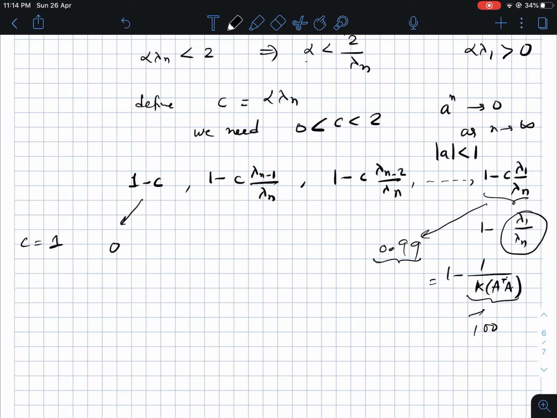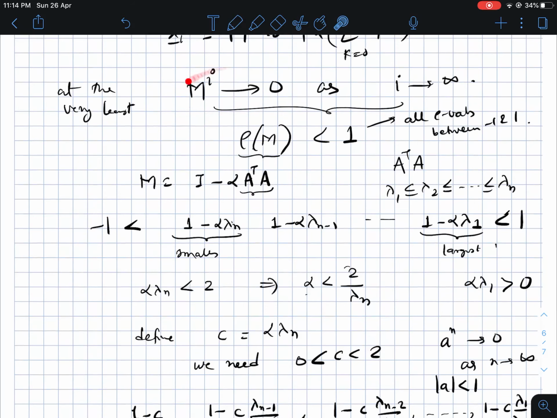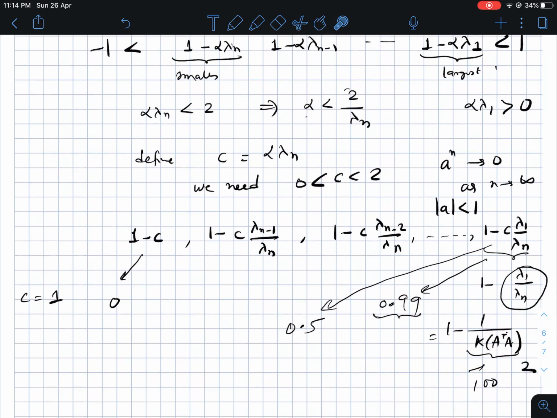On the other hand, let's say this condition number was very nice, meaning that the A transpose A condition number is like 2, a very good condition number. Then in that case, you can see that this value is going to be 0.5. Okay, and that will ensure that this quantity will converge to 0 very fast. Consequently, gradient descent also will converge very fast.